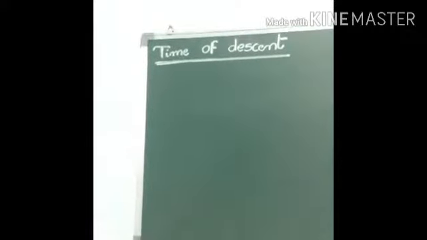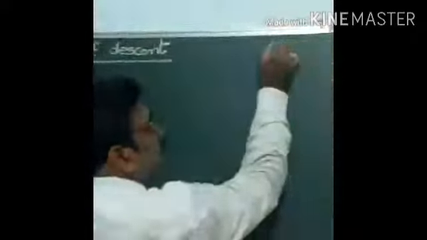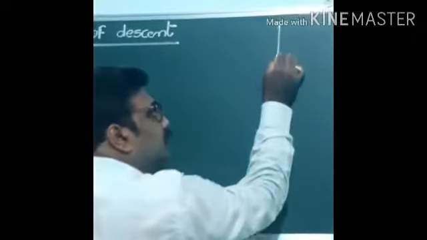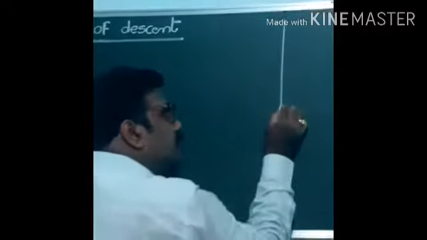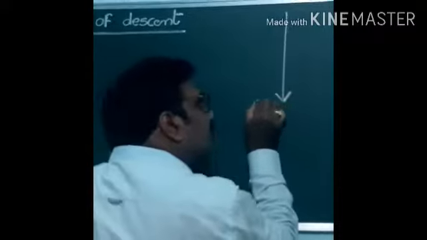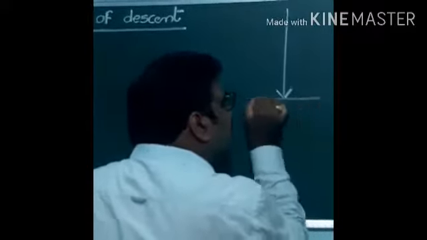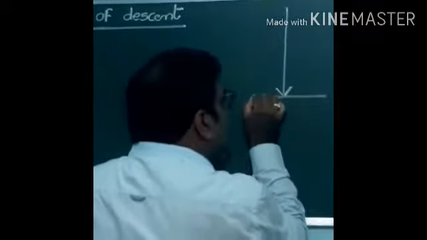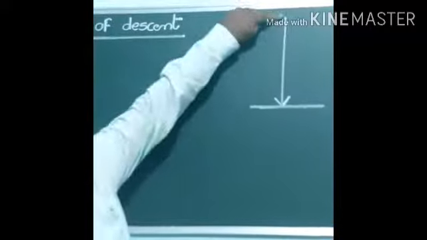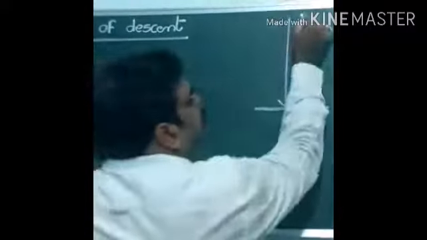That definition completely belongs to vertically downwards motion. Vertically downwards, what are the conditions applied? In the beginning, the initial velocity is 0.